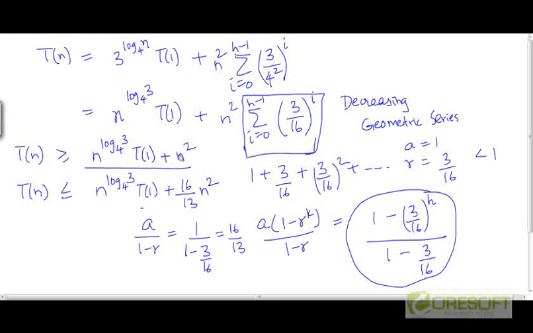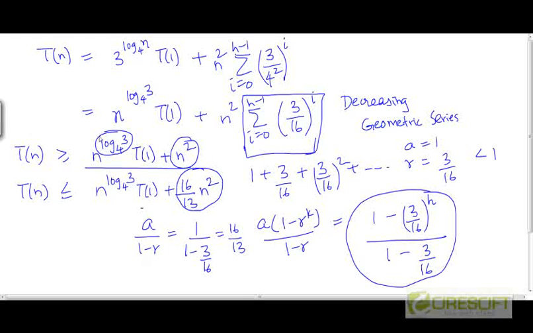Note that the highest power of n here is 2. This value, log of 3 base 4, is going to be less than 1 because log of 4 to the base 4 is equal to 1. So log of 3 base 4 is going to be some number less than 1. So really this is the dominant term here.